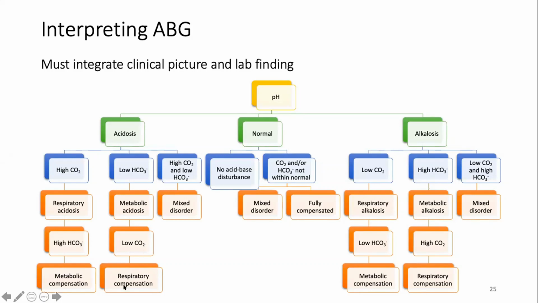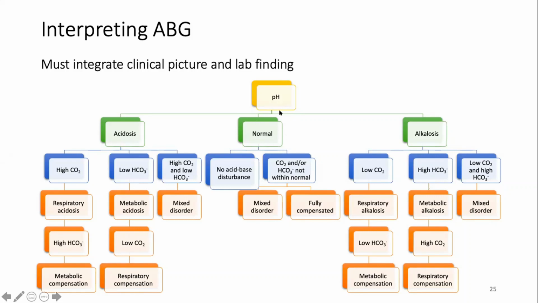This is when we call it respiratory compensation. How do we know if it's partial or full compensation? Usually if the pH is abnormal but there is compensation taking place, it means the compensation is partial. If it is fully compensated, the pH will go back to normal.